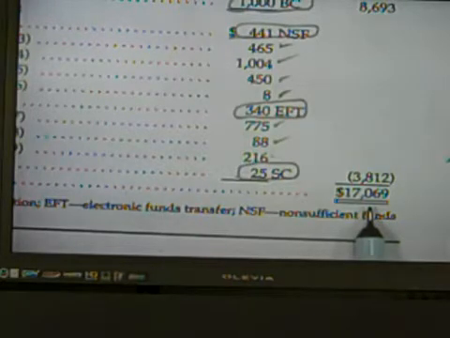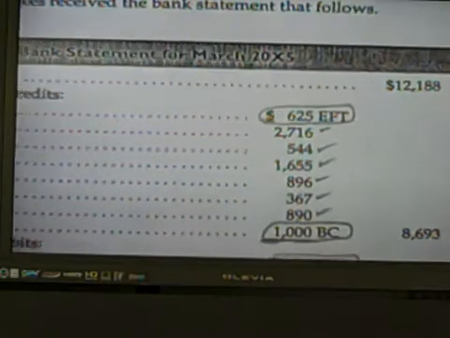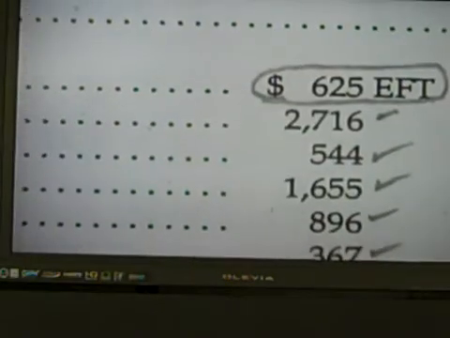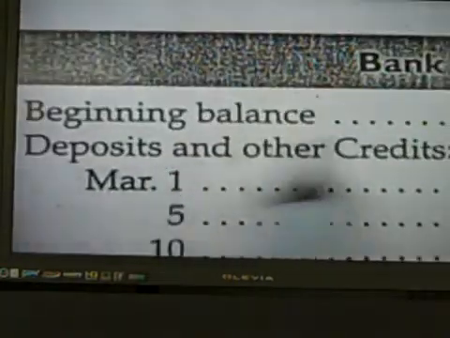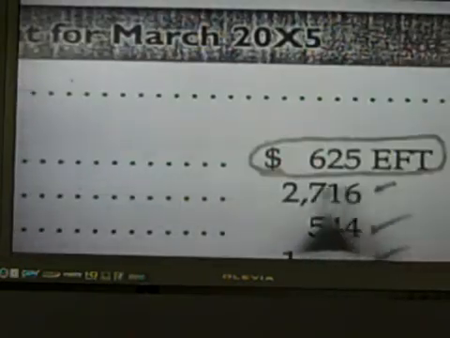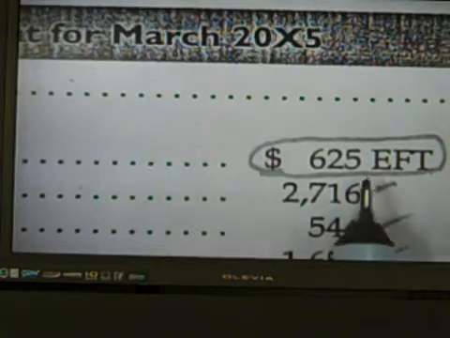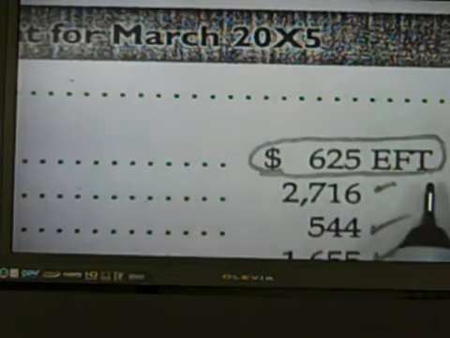First thing we need to do is pick out our differences. So what we'll do is look at what's on the bank statement, and we'll find out if these same things are on our books or if they're not. So let's look first at the deposits and other credits. On March the 1st, there's a $625 EFT. EFT, of course, is electronic funds transfer.